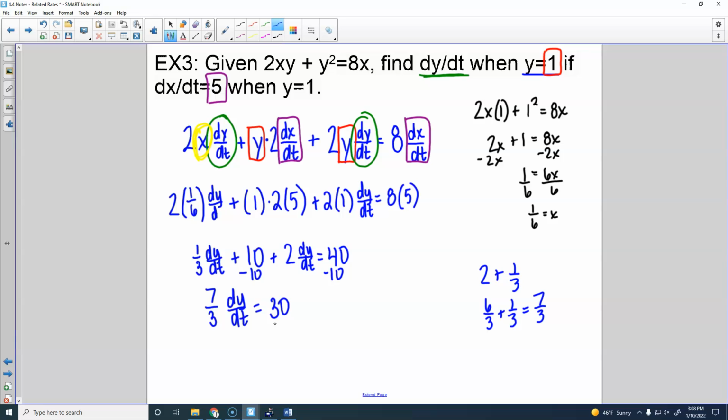And then I need to divide by 7/3, or I could just multiply by 3/7. That's a little bit quicker. That's the same as dividing by 7/3. So dy dt would be 90 over 7. Let's just leave it like that.